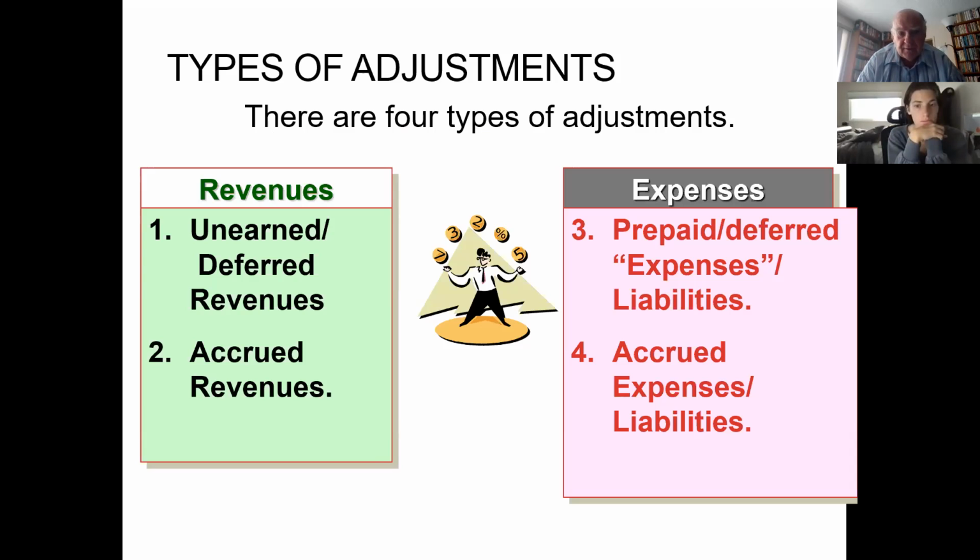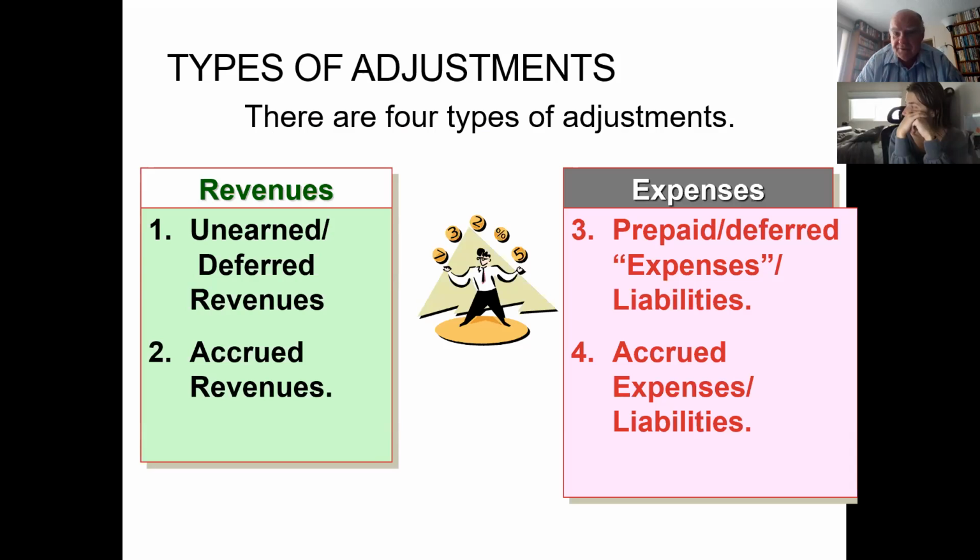That entry is going to be a debit to interest receivable and a credit to interest income. And we'll do this 12 times. And at the end of the year, we'll have an interest receivable account that equals the full $12,000 worth of interest, which they'll pay a few days later.